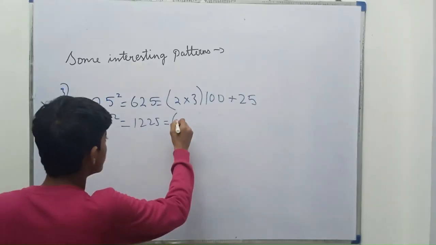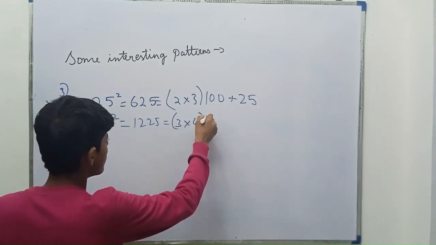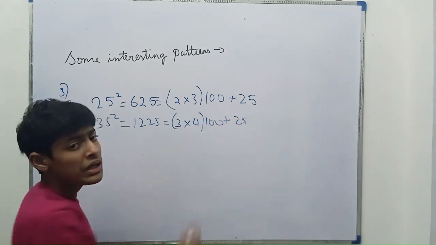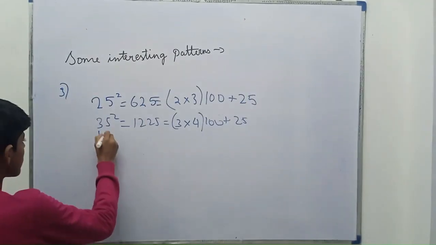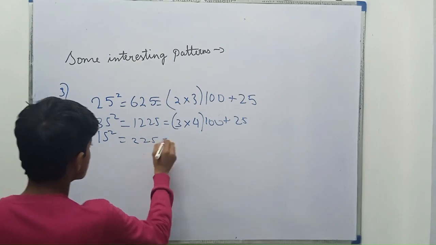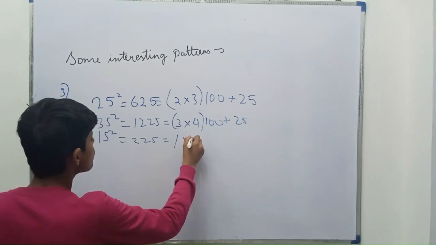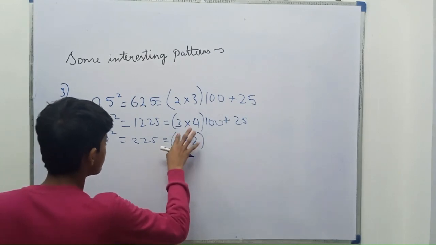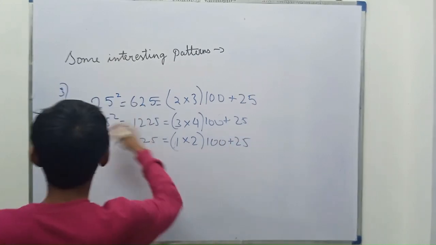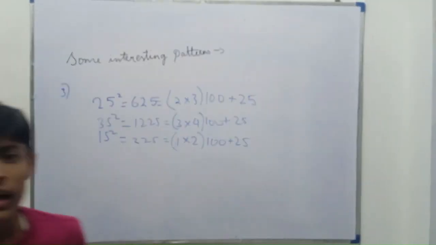So it can be 3 into 4, 100 plus 25. So this is basically multiplication. 15 squared is basically 225. So it can be 1 into 2 into 100 plus 25. So these are the basic tricks, and now let's see another interesting pattern.